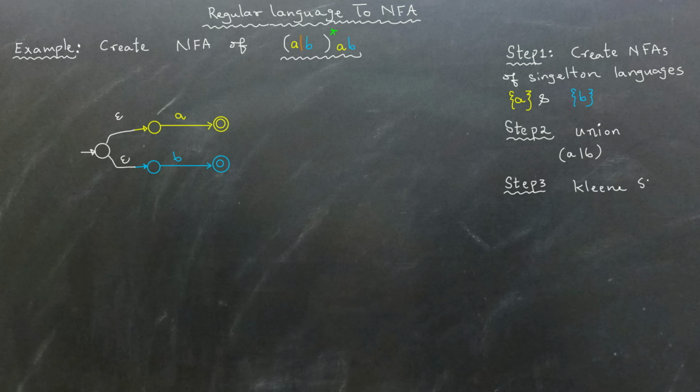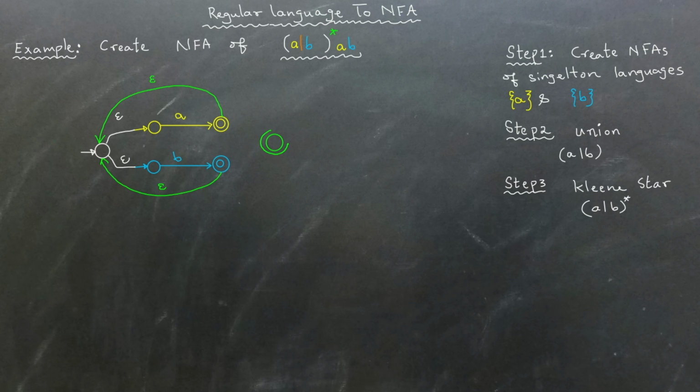Next, we need to build an NFA for the Kleene star operator. To achieve this, we carry out three steps. Step number 1, we add epsilon transitions from every final state of the NFA back to the start state of the NFA.